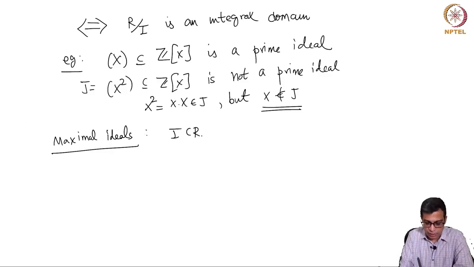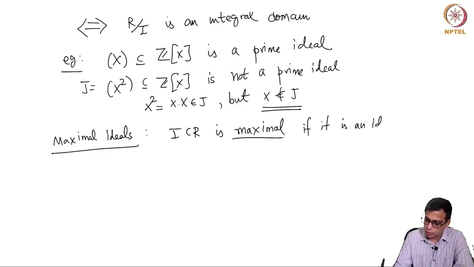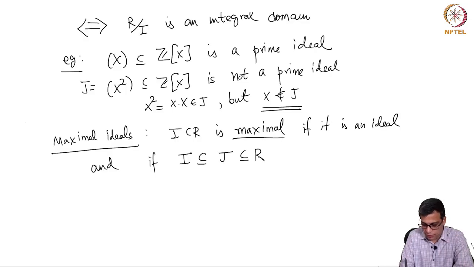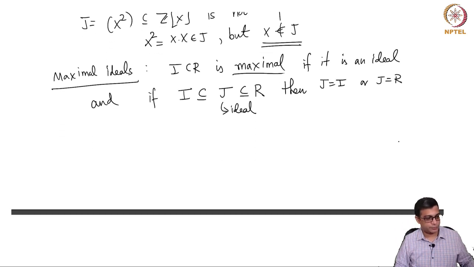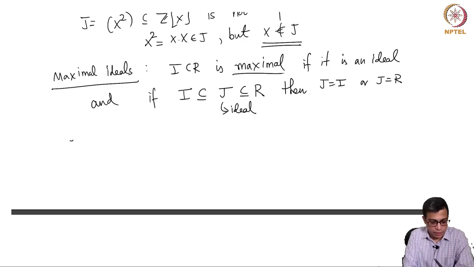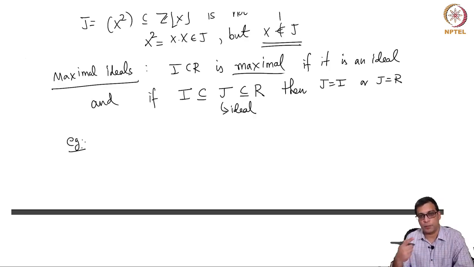So I in R is maximal if, of course it is an ideal, I will write it to emphasize that, and if I is contained in an ideal J which is contained in R, then either J is equal to I or J equals R. So you cannot have a proper ideal that is strictly bigger than I. Okay, so those are maximal ideals. So in the class of proper ideals, they are maximal elements. So this is a maximal ideal.